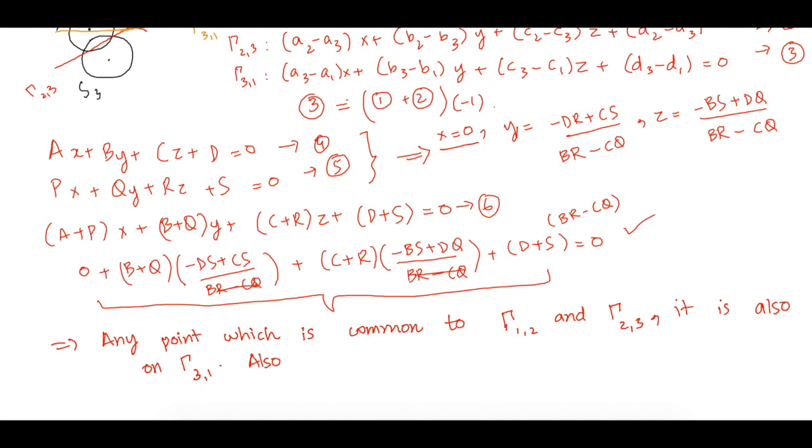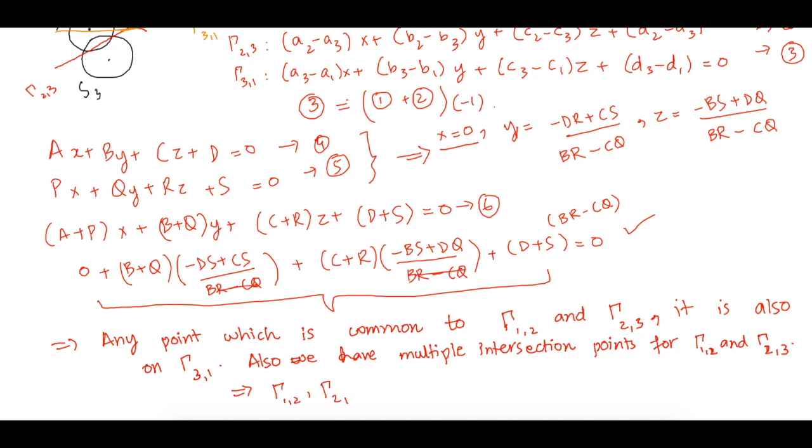So we can choose any arbitrary point, and this means we have multiple intersection points for gamma 1 2 and gamma 1 3, or sorry, 2 3. So this means all the planes intersect in a line.